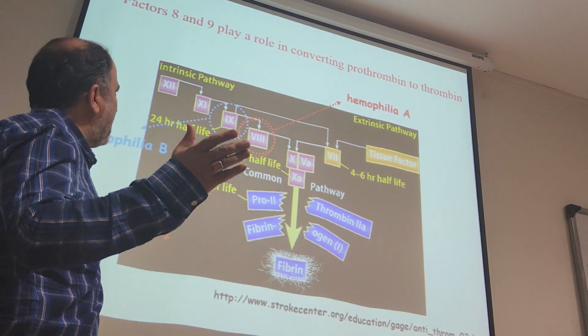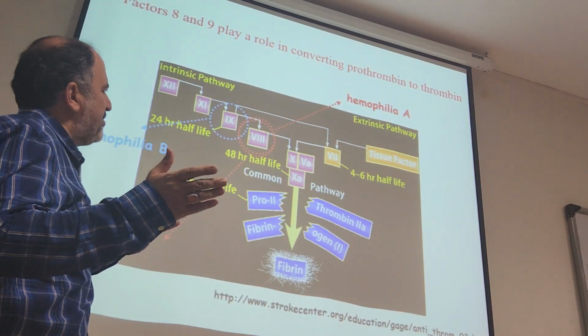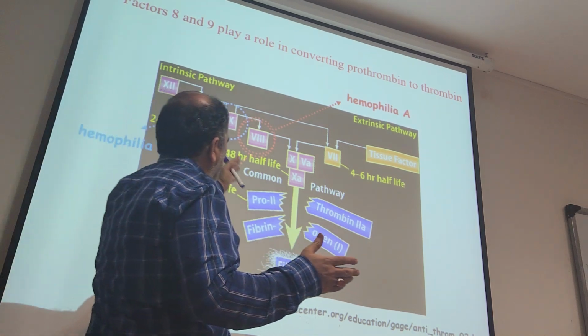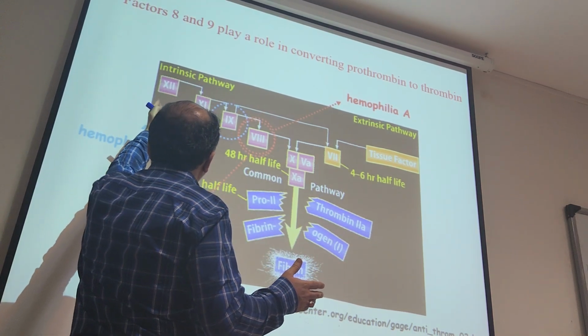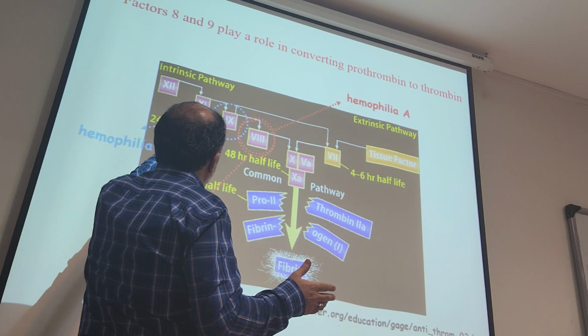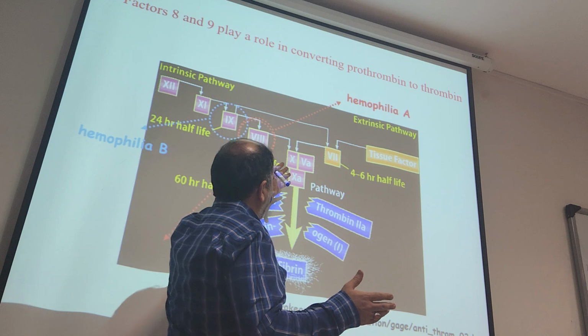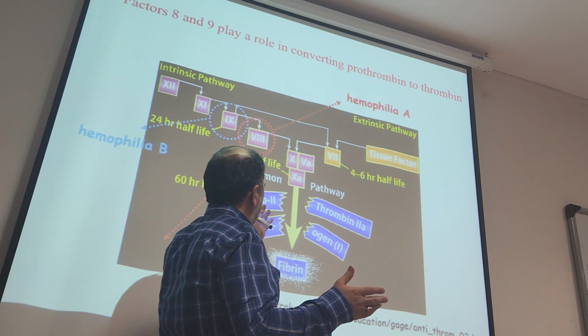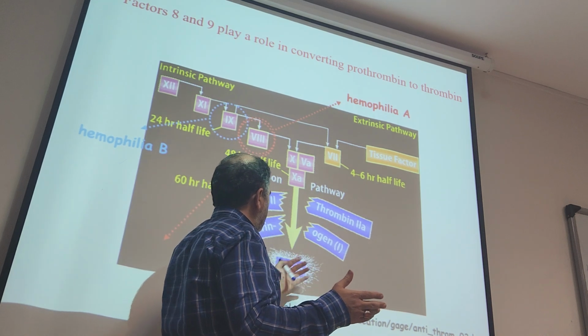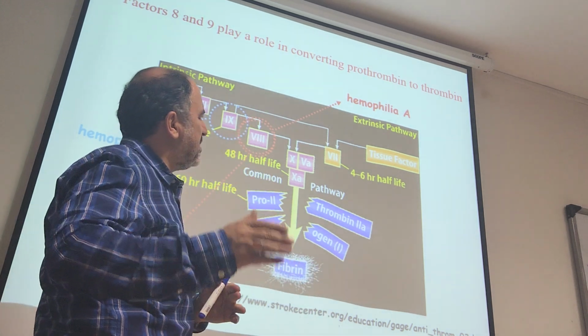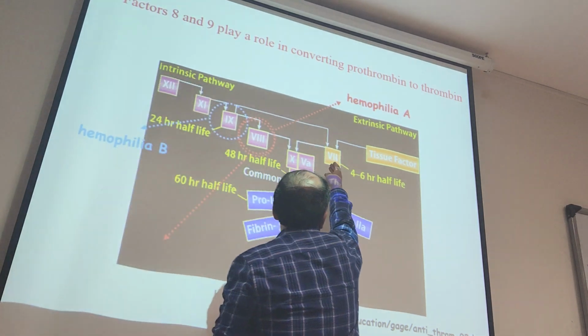We have two pathways, extrinsic and intrinsic. The intrinsic pathway has different elements. Factor 12 activates factor 11, which activates factor 9, which activates factor 8, which activates factor 10, then we have prothrombin, fibrinogen, and the fibrin clot. But in the extrinsic pathway, only factor 7 is there.